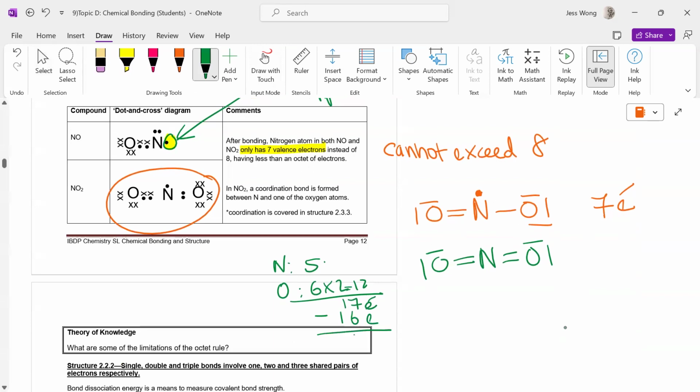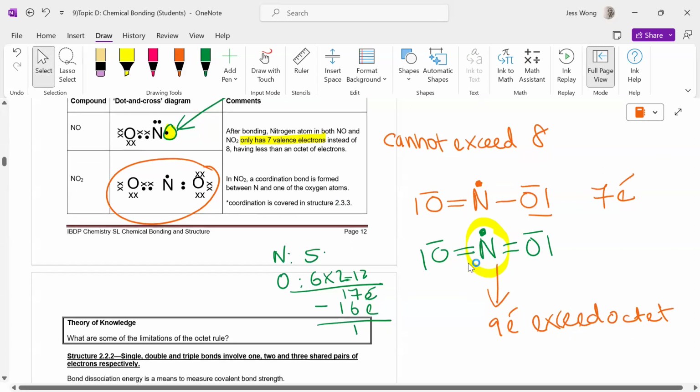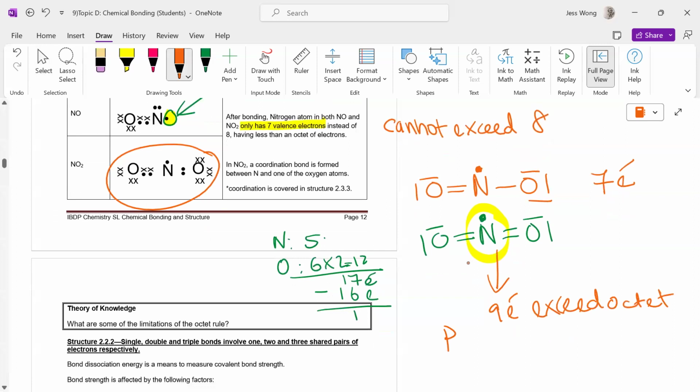Then what you're going to do is put it here. And if you put it here, you'll find that this nitrogen now has 9 electrons, which exceeds the octet, which is not allowed because it's a period 2 element.